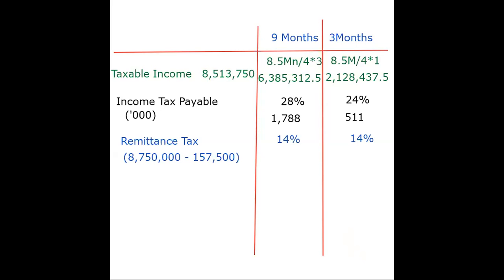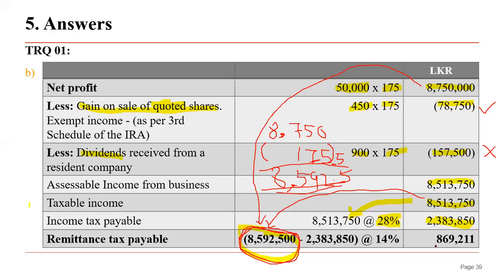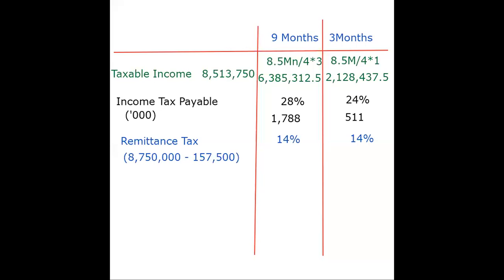When you calculate the remittance tax, the dividend part belongs to the second period, the 3-month period, dividend exemption.